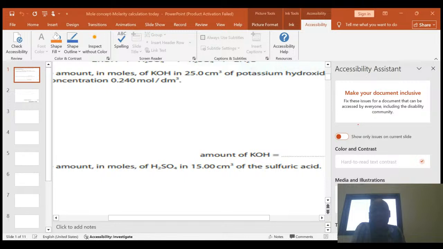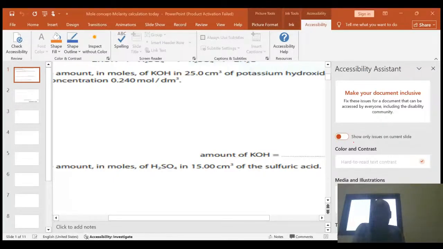So we put in 0.24 moles per cubic decimeter multiplied by 25 over 1000 cubic decimeters.